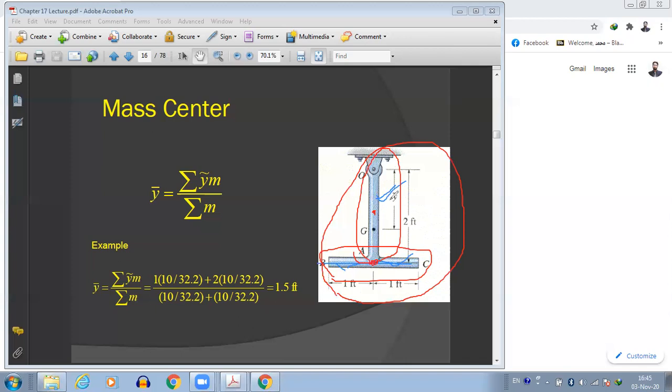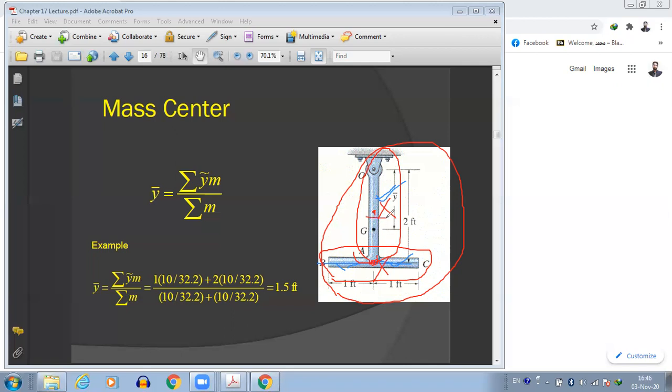The mass center will not be this, and it will not be this as well. This is a combination of two discrete objects, two thin rods. This is one thin rod OA, another thin rod BC. OA and BC are connected together to make this object.